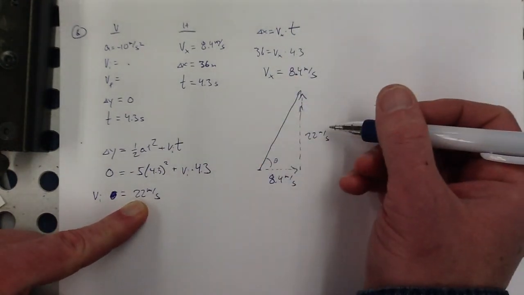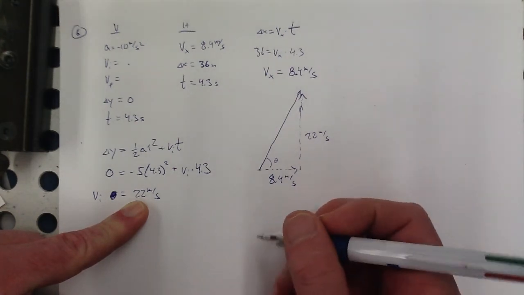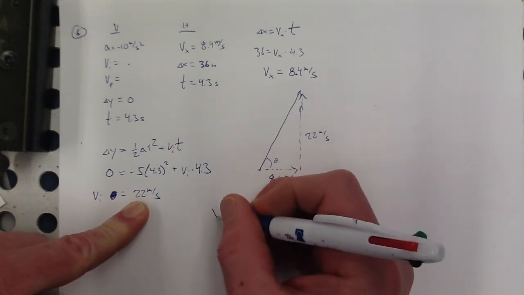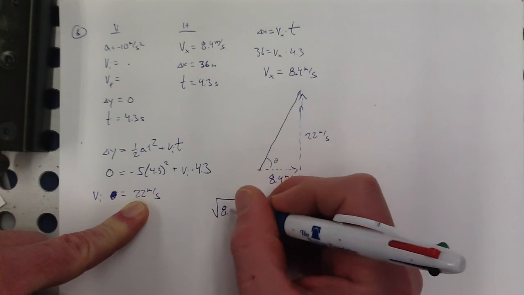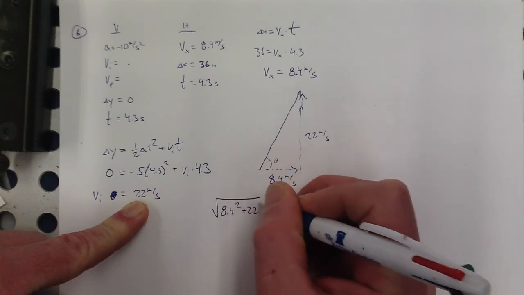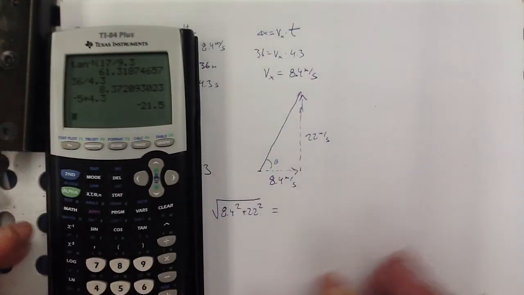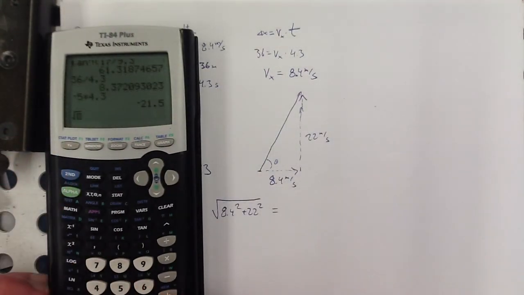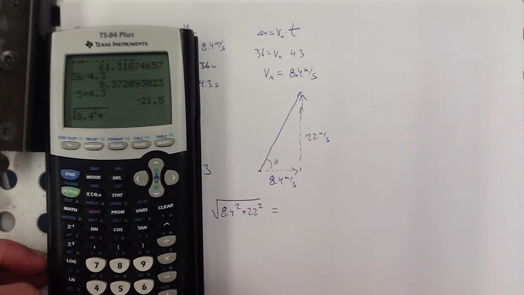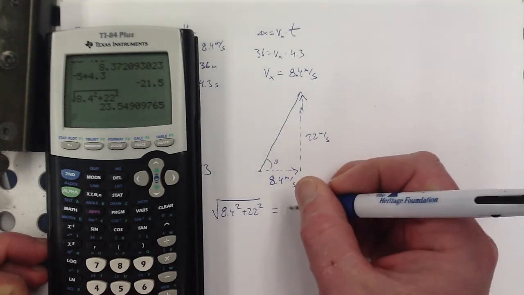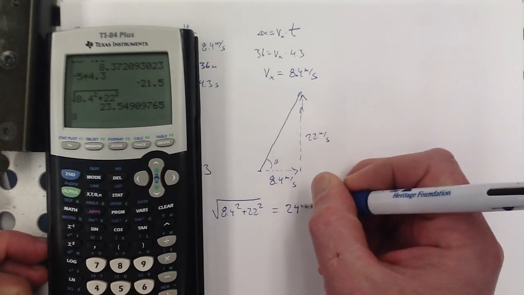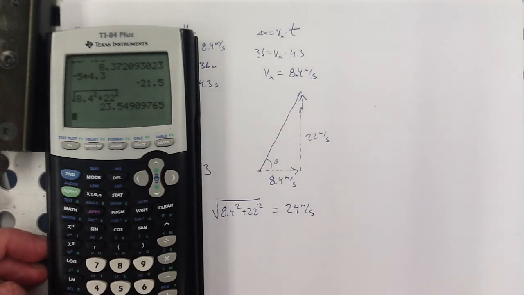So same as the last problem, I just need to do the Pythagorean theorem to find the launch speed. That'd be 24, rounded to 2 sig figs.